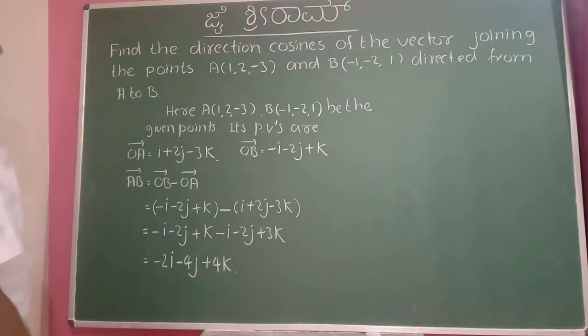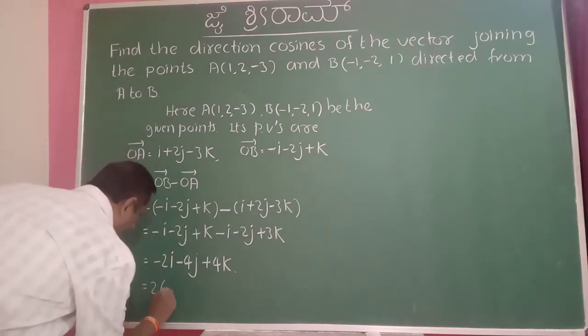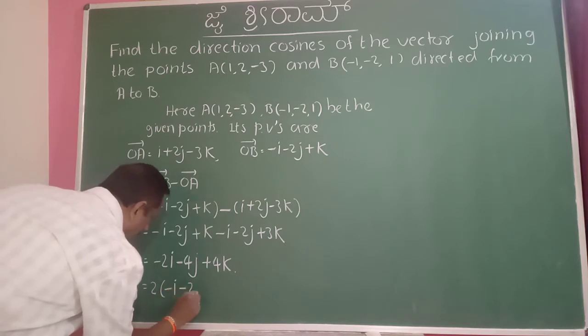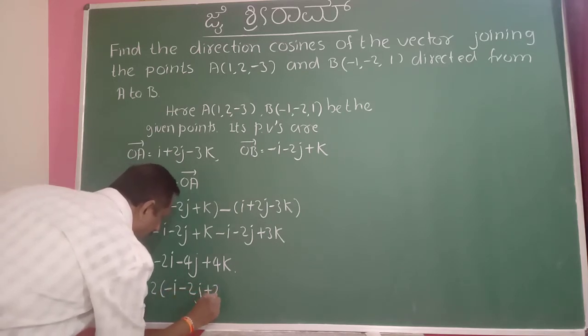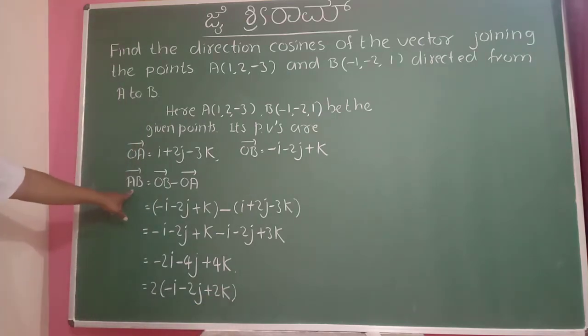Now take 2 as a common factor, so 2 keep outside: 2 times minus i minus 2j plus 2k. So this is vector AB.